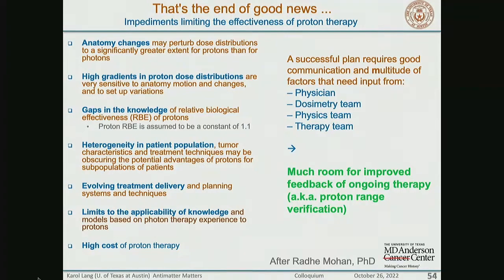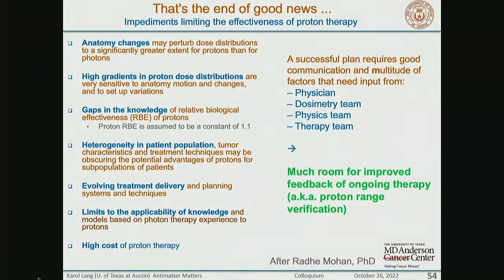There are anatomy changes as the radiation is ongoing. There are high gradients for protons, so it's great that you know exactly, but there's a danger if you go the wrong way, you're actually depositing this much energy in the healthy tissue. So you have to be careful with that.